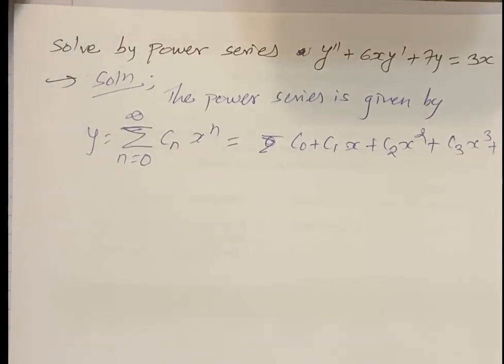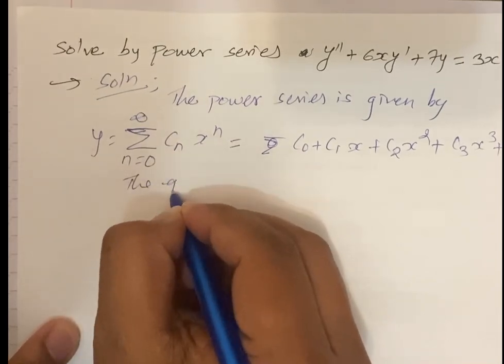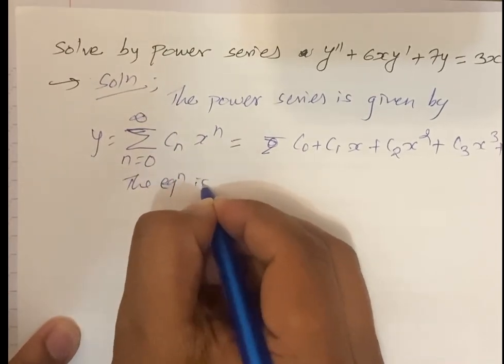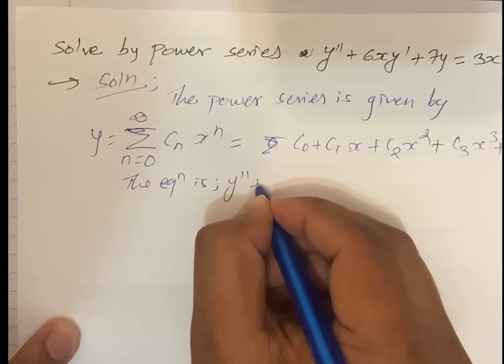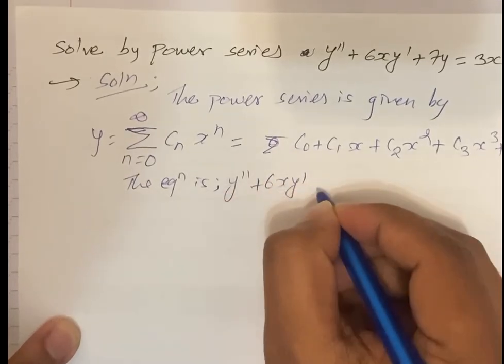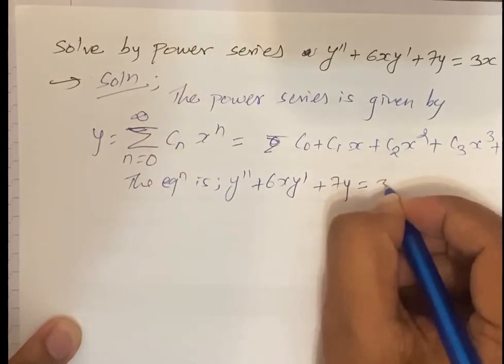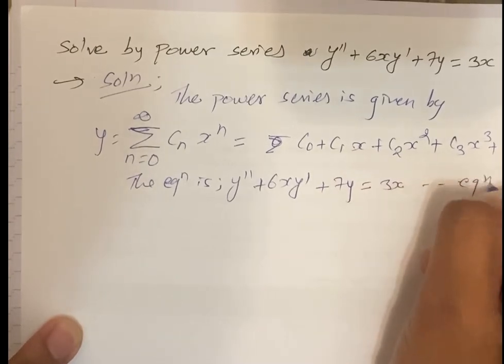We are using this formula. The equation is y double dash plus 6y dash plus 7y equal to 3x. Let us suppose this is equation 1.